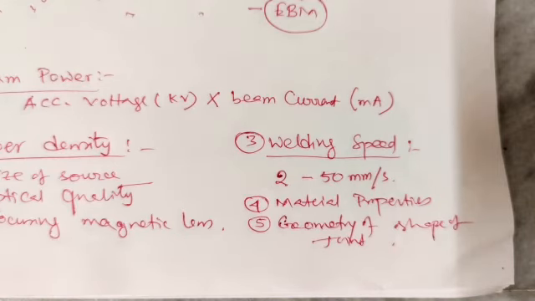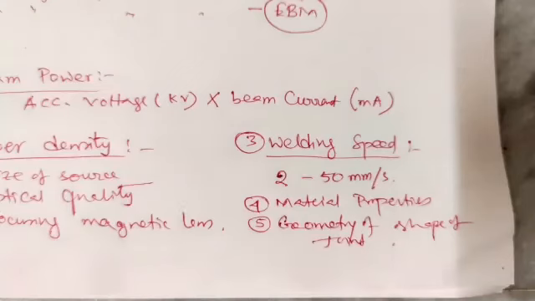So the final effect of the beam will depend on a few parameters or a combination of a few parameters. Okay, and the action of the beam should be at low power density or over a short period of time, so that only then we can find a thin surface layer.